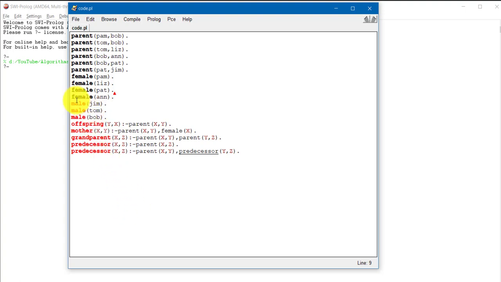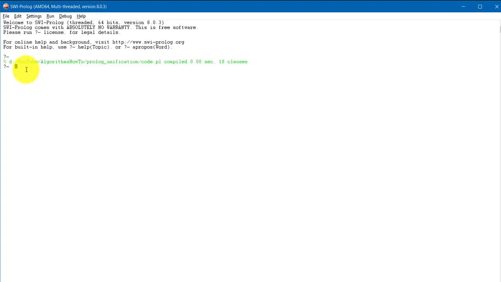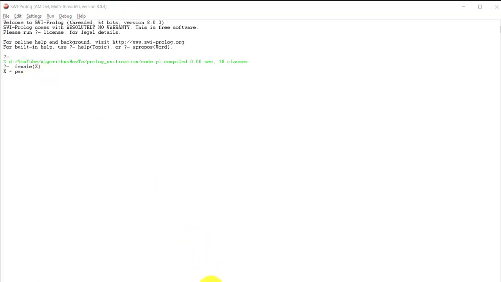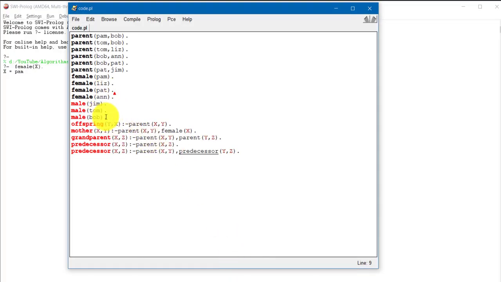Let us see what happens if I give a query to this Prolog called female X. How is Prolog answering? You can see Prolog is finding all the females one by one, which satisfy this particular clause. Eventually it will find Liz, Pat, and Anne as well.